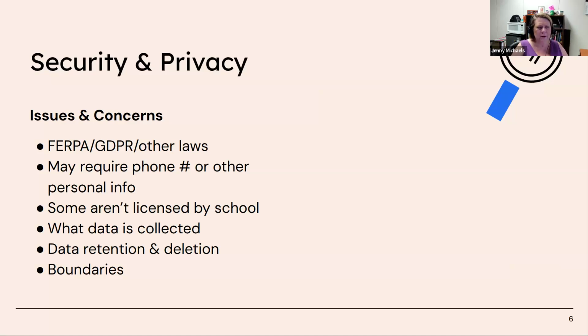Some of them may require a phone number. I think for most of the ones we listed, the phone number didn't necessarily show. Some you have to put the phone number in, but it shows up by username. Be aware, before you pick one, of what information is shared and what data is collected, because that's always a concern as well.